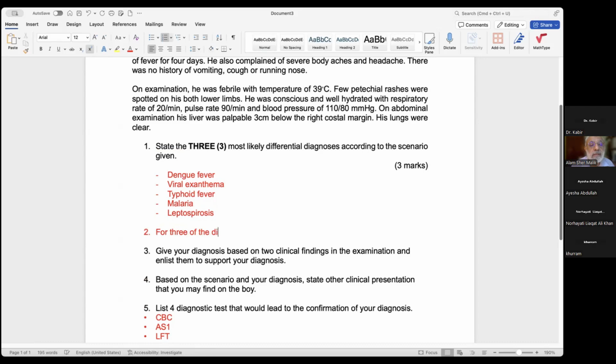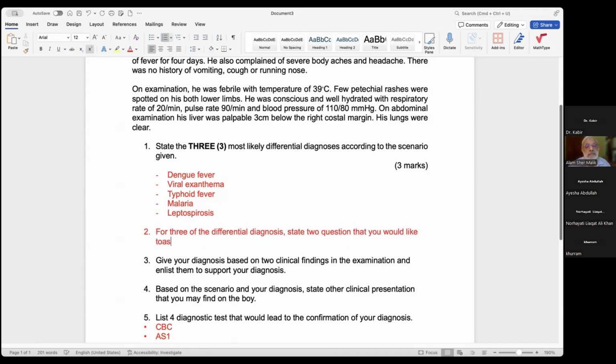Or you are thinking of typhoid. So for each differential diagnosis, state 2 questions you would like to ask in the history. Or you can also ask that for each differential diagnosis, list 2 investigations to confirm the diagnosis.